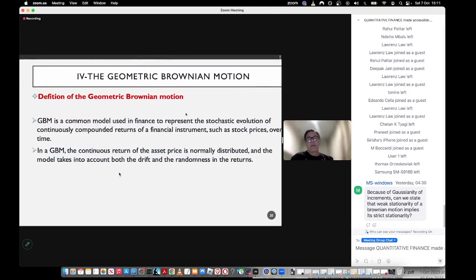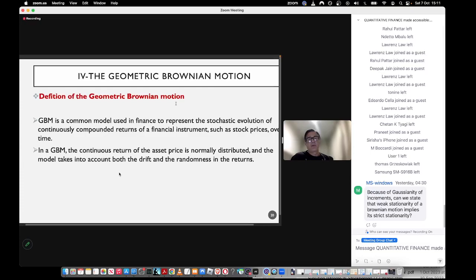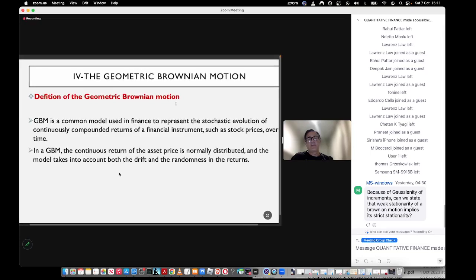So now we will go through the geometric Brownian motion. What's the difference between the geometric Brownian motion and arithmetic Brownian motion? It's this word, geometric and arithmetic. Arithmetic, in fact, is additive, okay, and geometric, what does it mean?